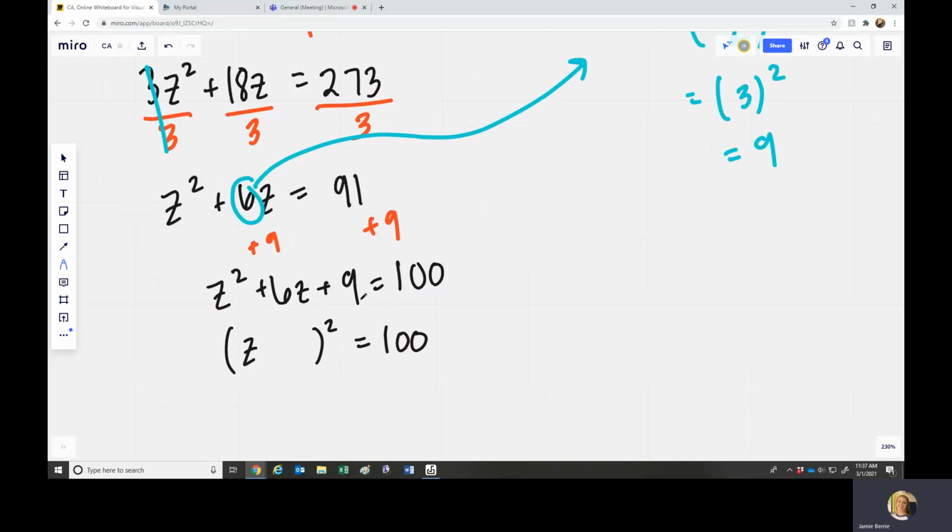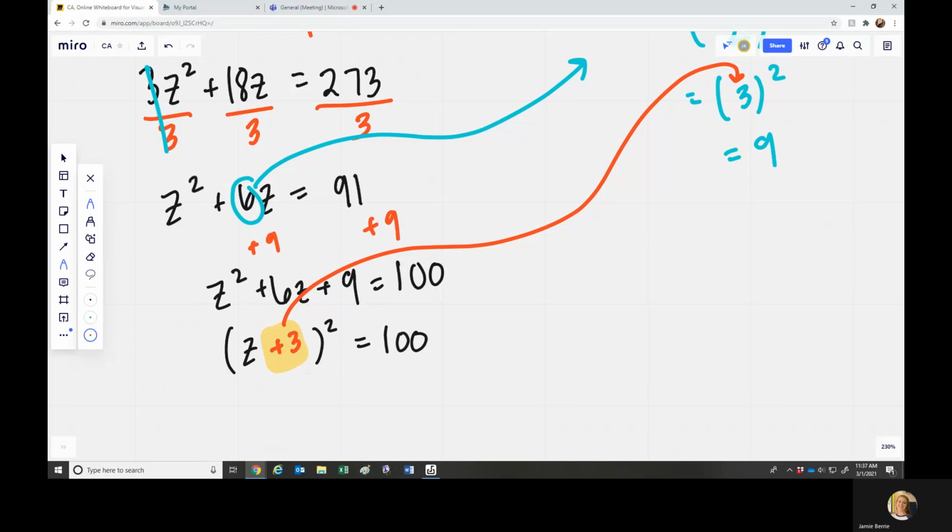All right, so this number here, use a highlighter this time, comes from right there. So it's whatever you got when you divided the middle term by 2. So that's going to be a plus 3. Okay. So right now we have z plus 3, all squared, equals 100.